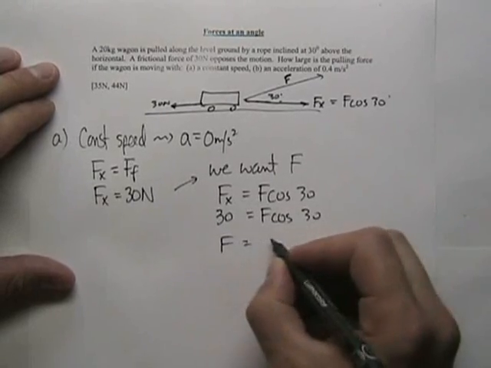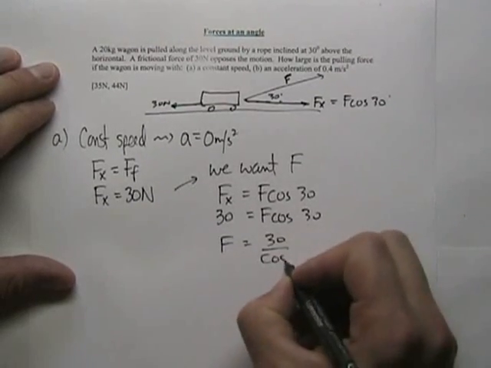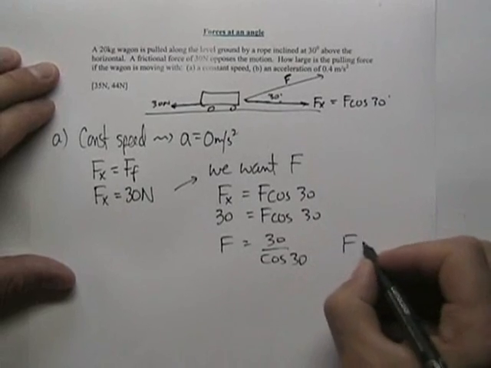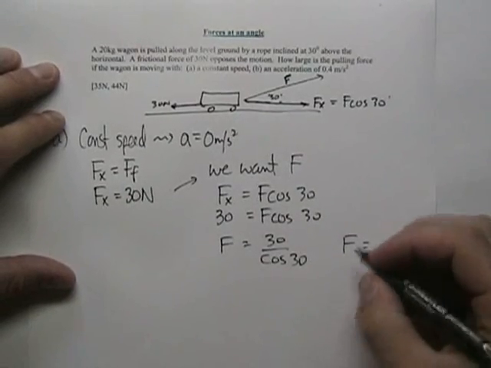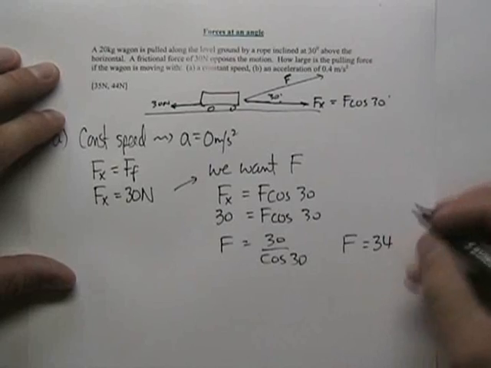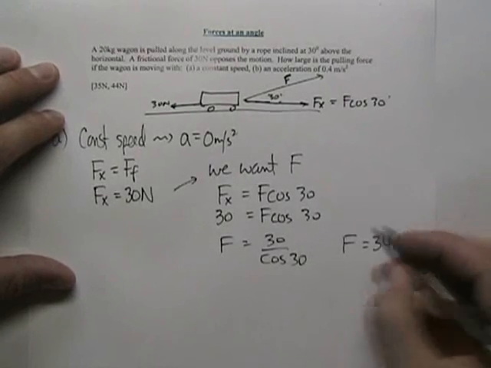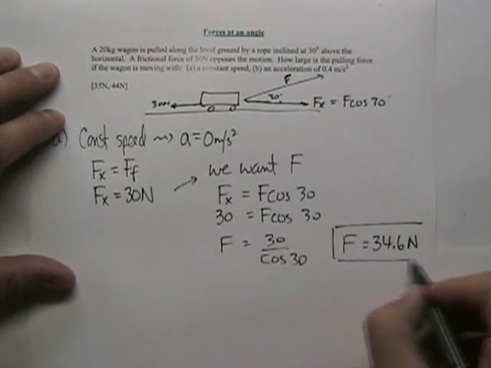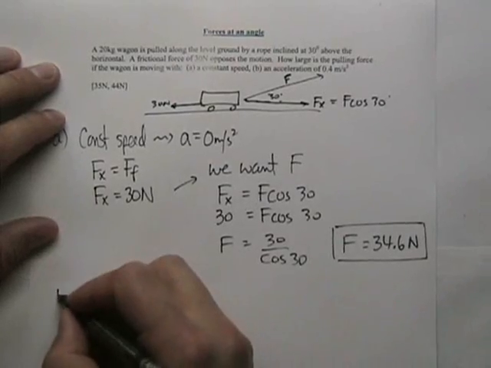Solve this thing out for F, so I get 30 over the cos of 30, which means that my pulling force is 34.6 or 35 is what the answer is. There you go. B.